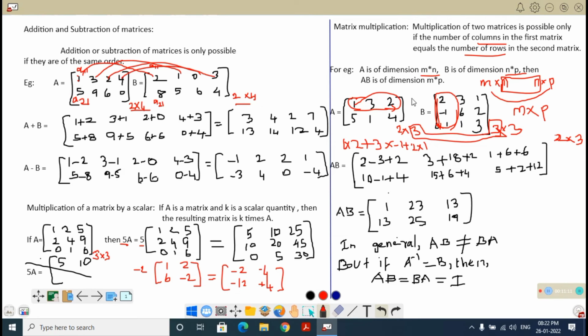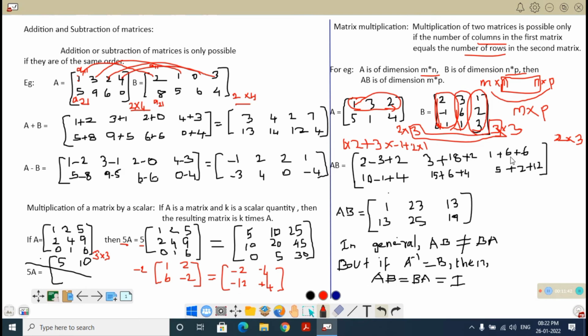Similarly, first row and second column. Now this first one is finished. Now we are going to the second column. So 1 times 3 is 3. I have directly written the answer here: 1 times 3 is 3, plus 3 times 6 is 18, plus 2 times 1 is 2. First into first, second into second, third into third. Finished.